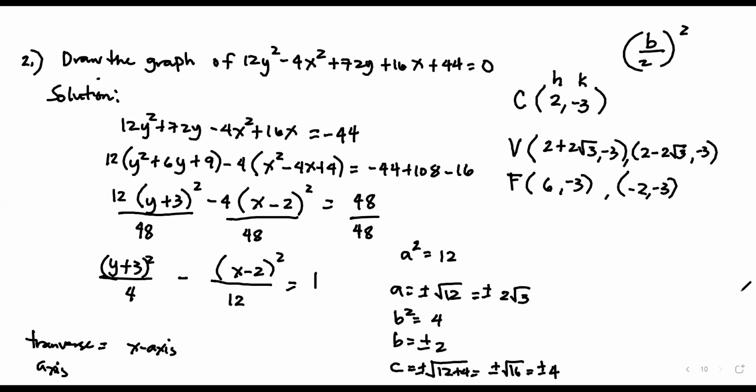And the endpoints of the conjugate axis. If the transverse axis is on x, the conjugate axis is on the y-axis. So for y, we add 2: negative 3 plus 2, negative 1, and negative 3 minus 2, negative 5.